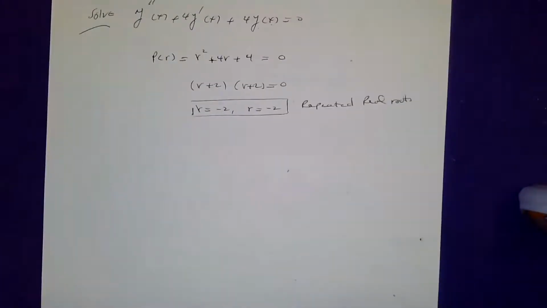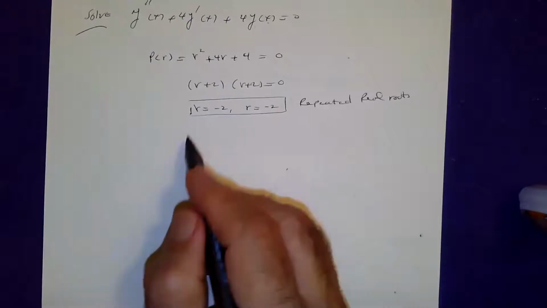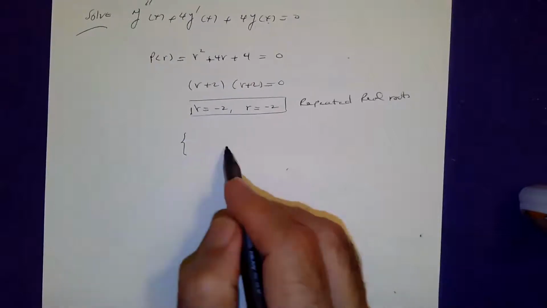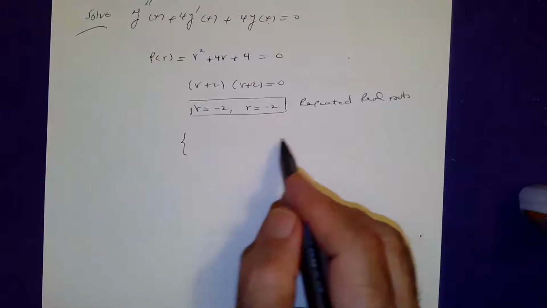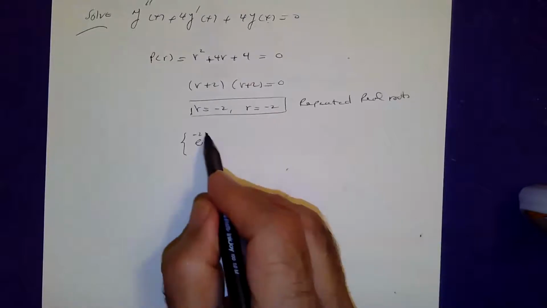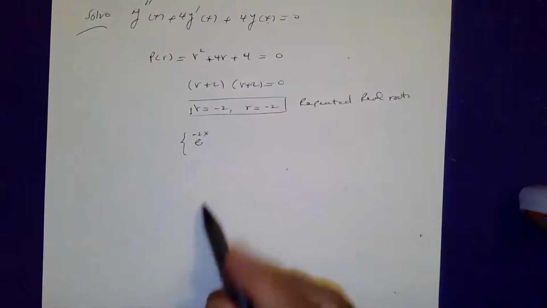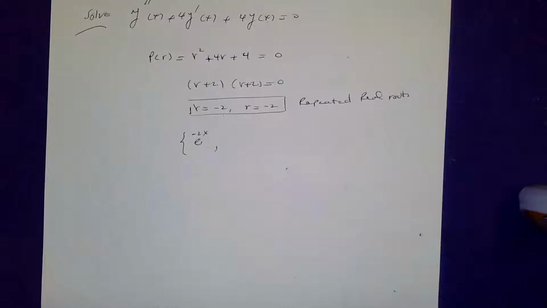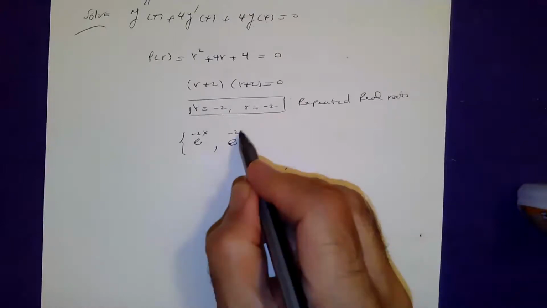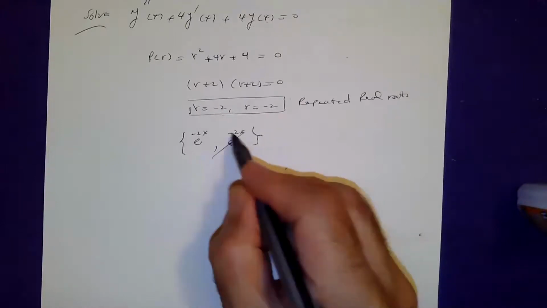Mayday, mayday, we have a problem. What would be my fundamental solutions? One of them I know is e to the negative 2x. What's the other one? You can't have another one. If you say the other one is also e to the negative 2x, that's wrong. Why?